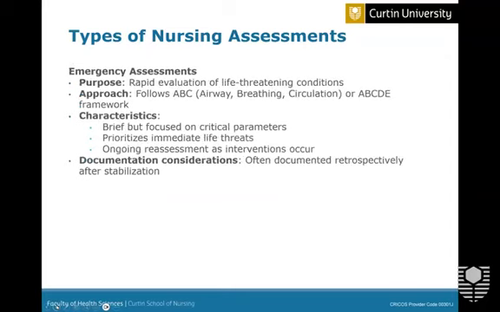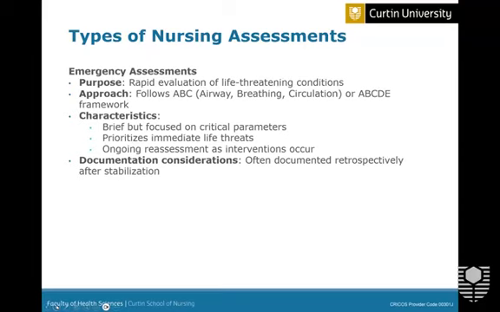Now, the emergency assessments are a rapid evaluation of life-threatening conditions and often follow an ABCDE framework. And this is a really good framework to actually get comfortable with, because we're looking at airway, breathing, circulation, disability and exposure. Very important.